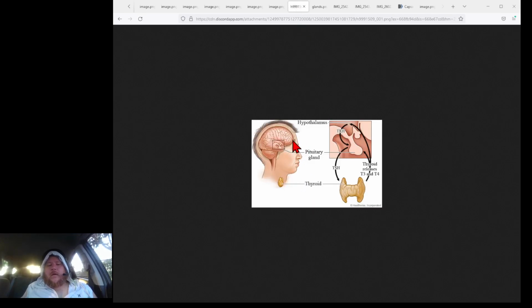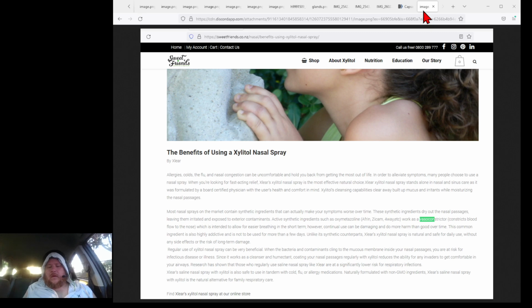That's a vasoconstrictor. You've got vasoconstrictors affecting this entire area, so you've got decreased blood flow. Well, your brain is right there. So we're getting decreased blood flow to all of this stuff in the area.